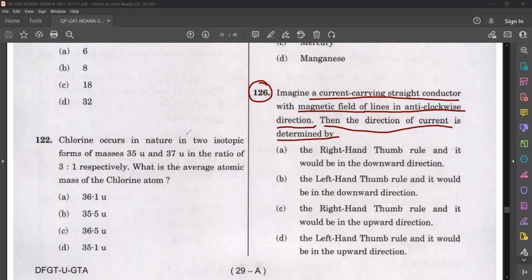Then the direction of current is determined by. So you have the options: the rule as right hand thumb rule, second option left hand thumb rule, then again right hand thumb rule, left hand thumb rule, and they have given a downward direction, upward direction. Read the question carefully and tell me what is the answer.